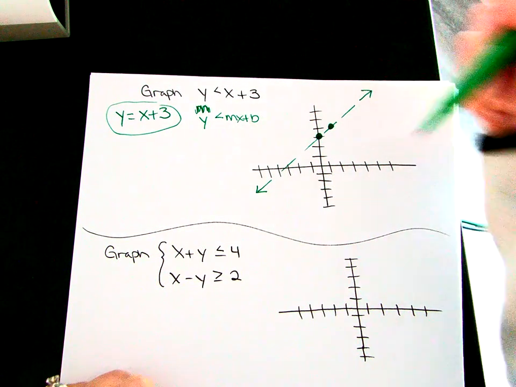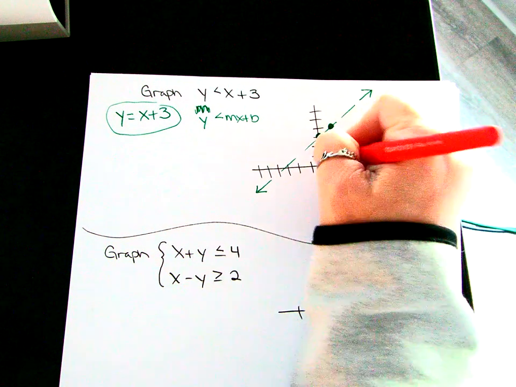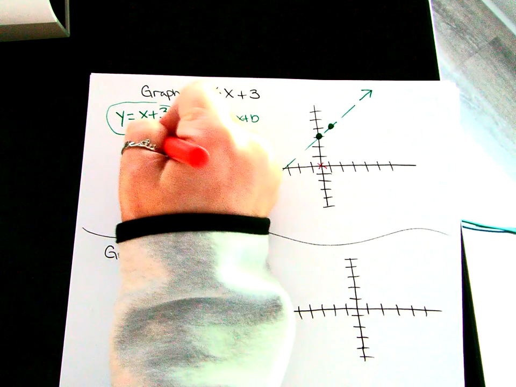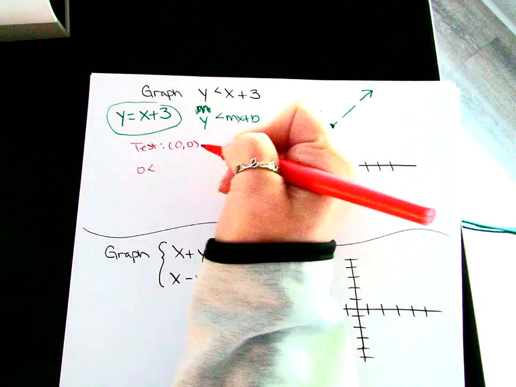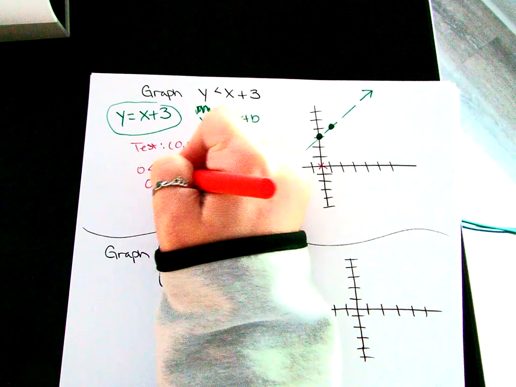The point I always recommend testing first is 0, 0, if it doesn't lie on your inequality, because algebraically that's going to be the easiest one. So if I'm testing the point 0, 0, I'm going to plug 0 in for my y and plug 0 in for my x. And right then I get 0 is less than 3.